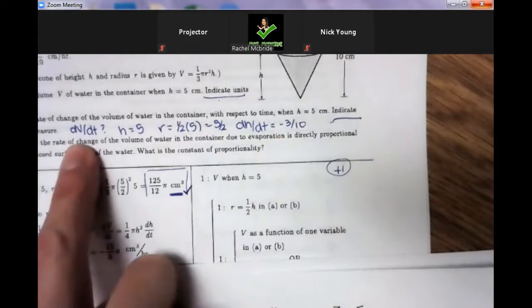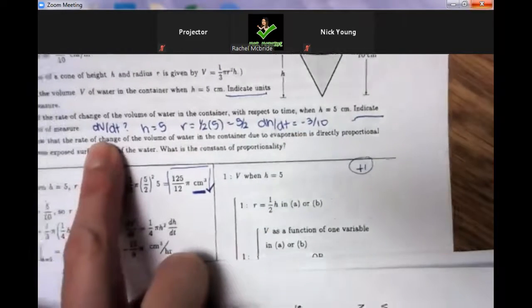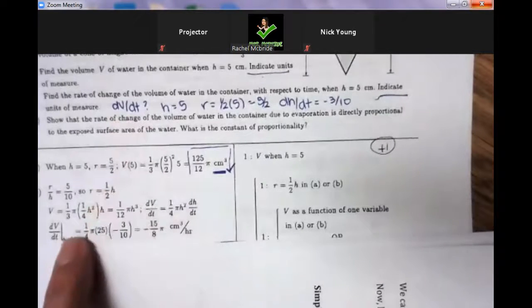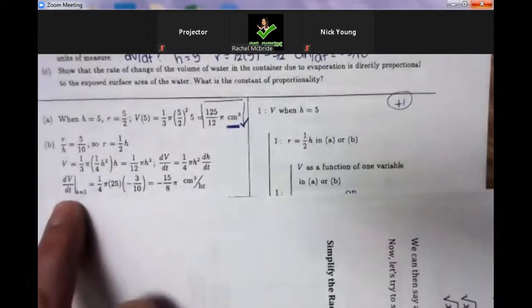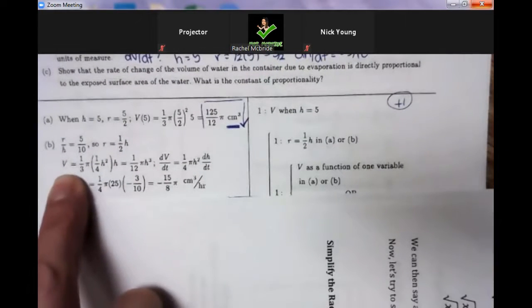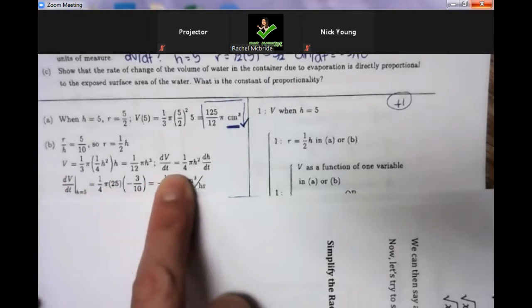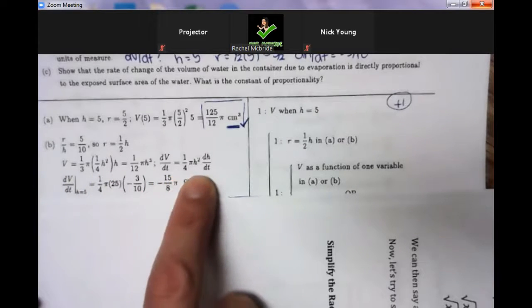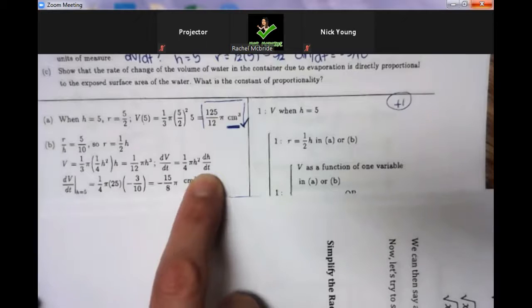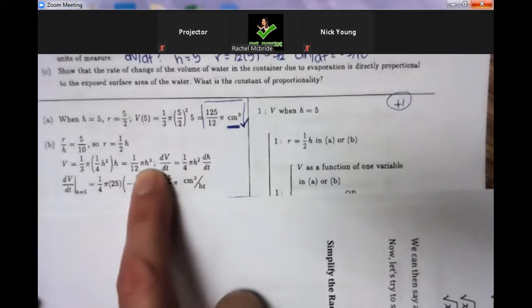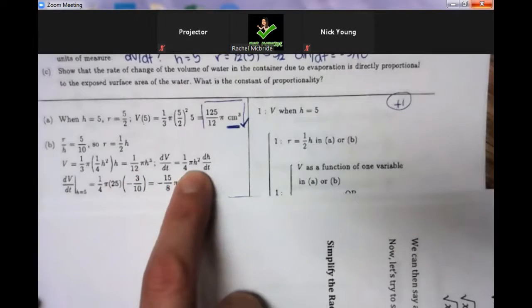So here's what I know, and then I'm going to look for what I need. If I need dV/dt, I'm going to find the derivative of volume. The derivative of volume is 1/4 pi h squared dh/dt.